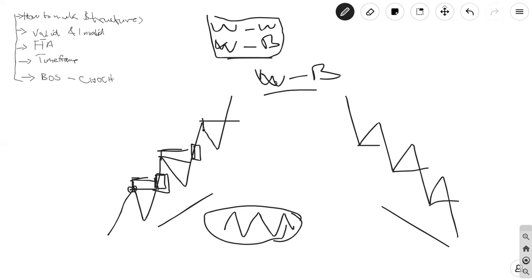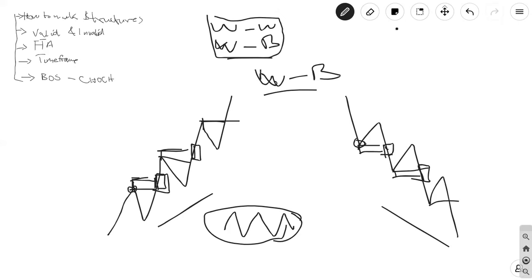Same applies in the downtrend: we mark the lowest wick of that swing point, and then we mark that being broken by a body of a candle, a lowest wick being broken by a body of the candle. So that is how we mark the break of structure.